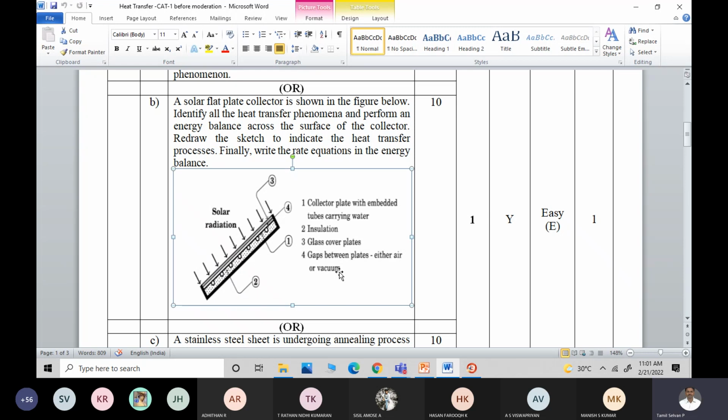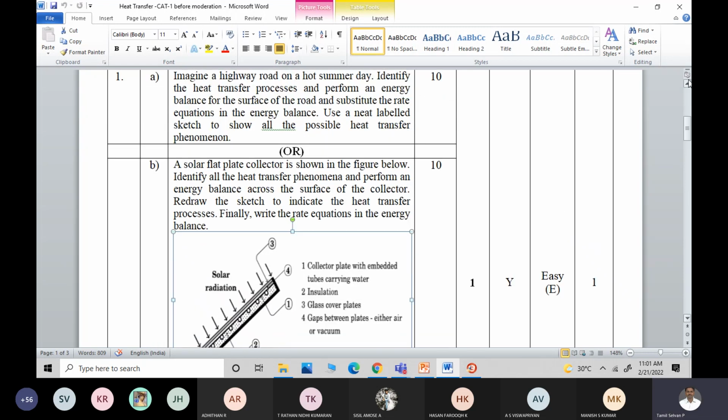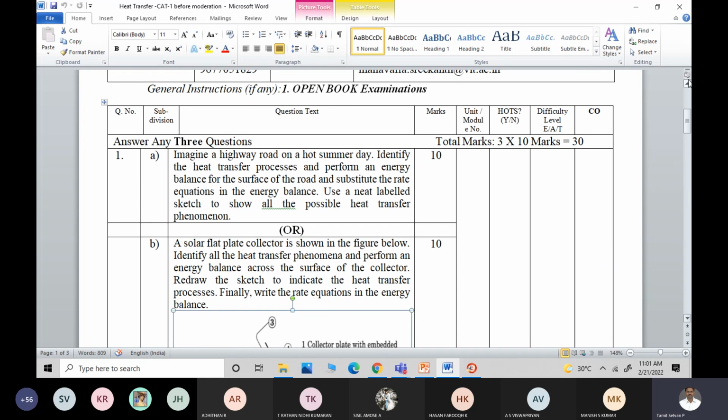And similarly, for the very first question, some of them were quite smart. I didn't teach semi-infinite solid, and some of them might have referred to the Sachdeva textbook or some other textbook. Imagine a highway road on a hot summer day.